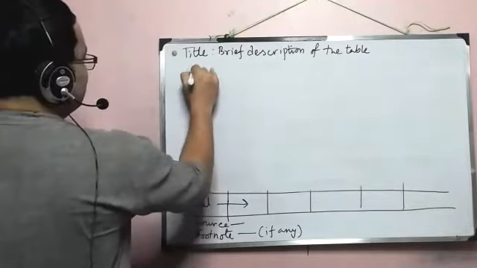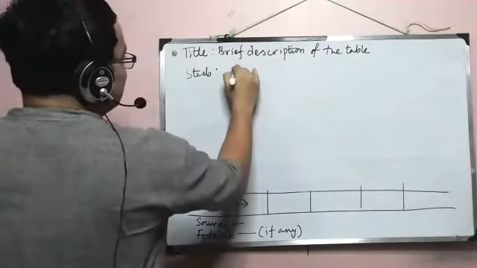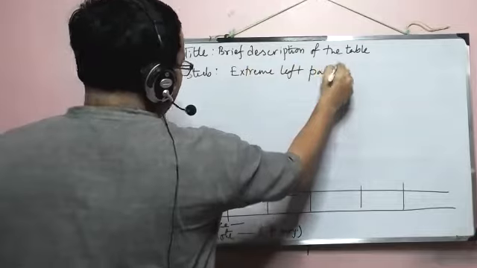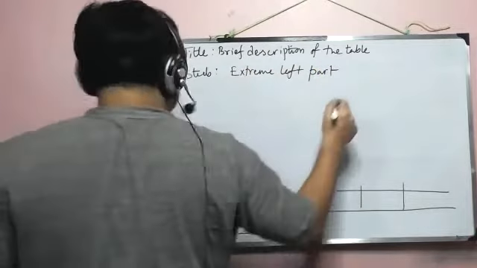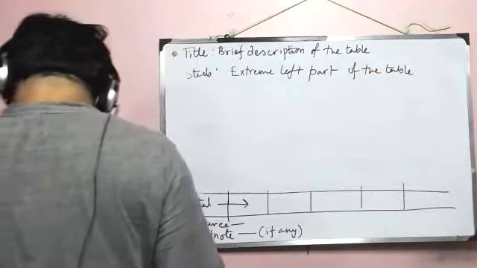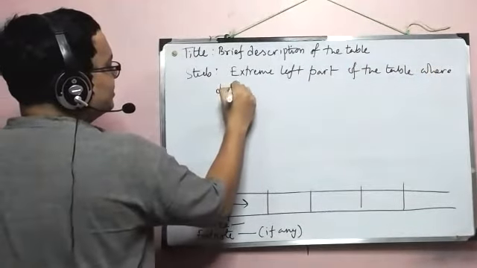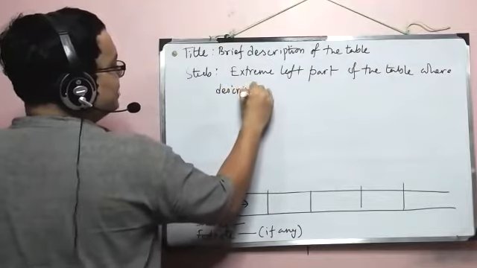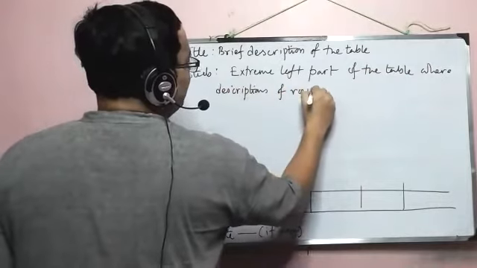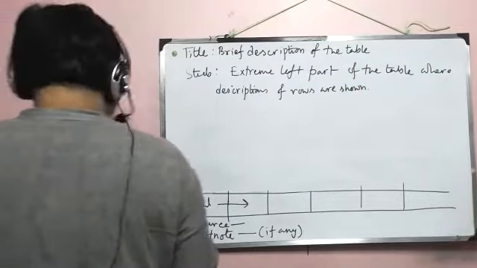Okay, so stub. What is the stub? It is the extreme left part of the table where descriptions of rows are shown. Then comes caption.